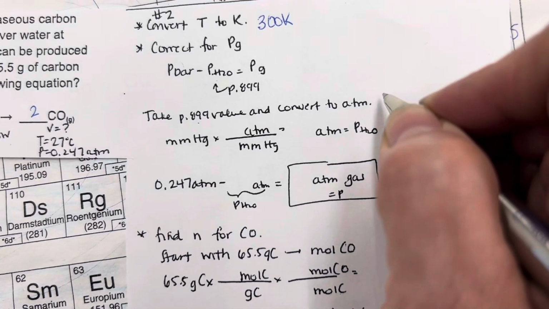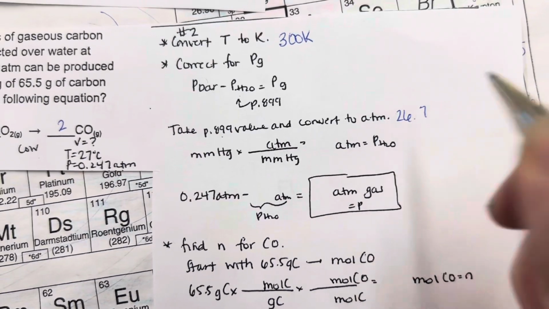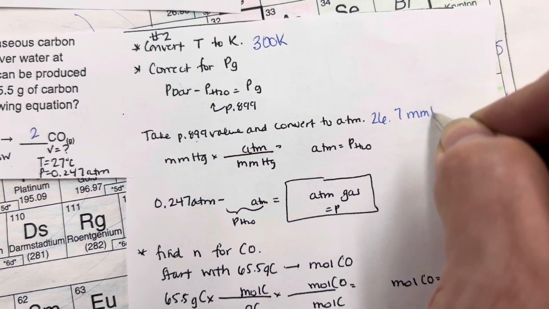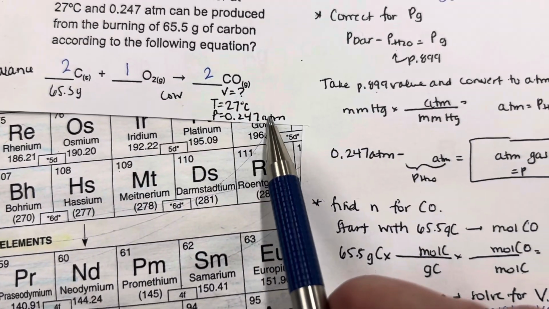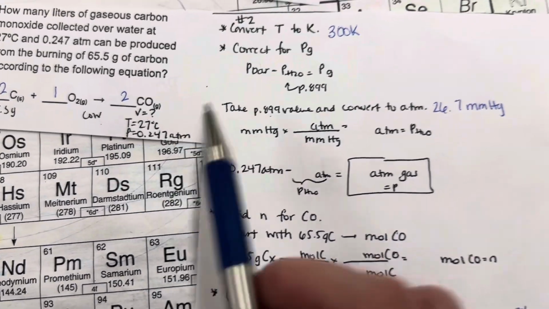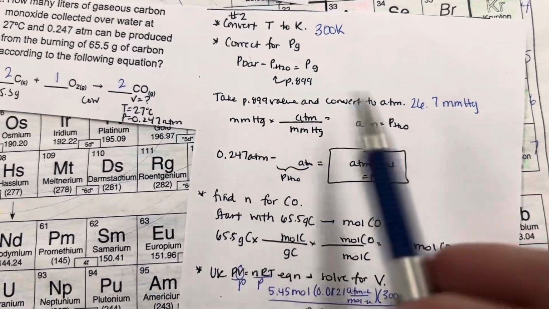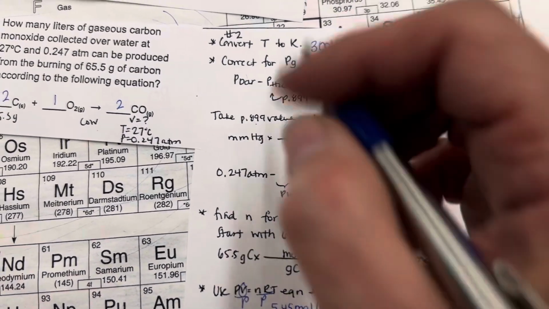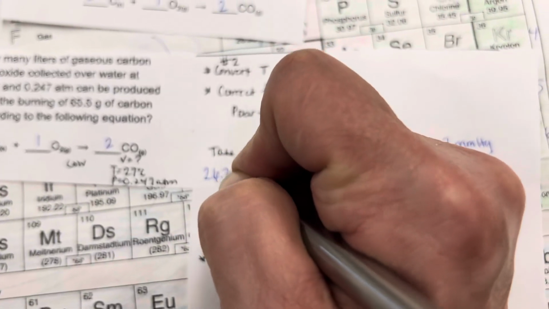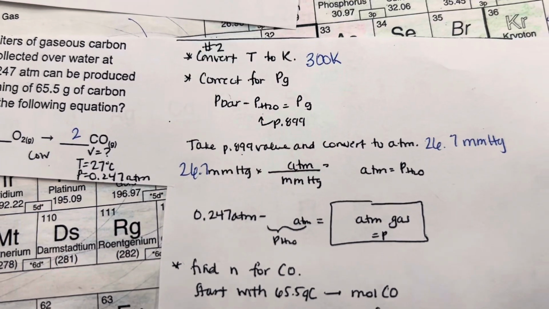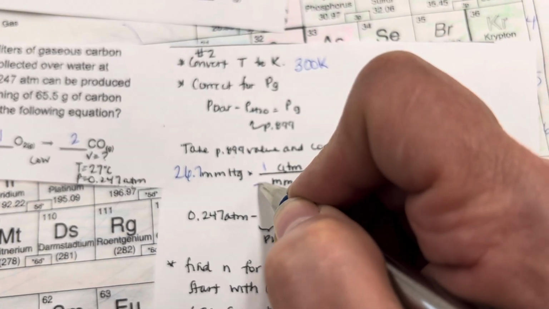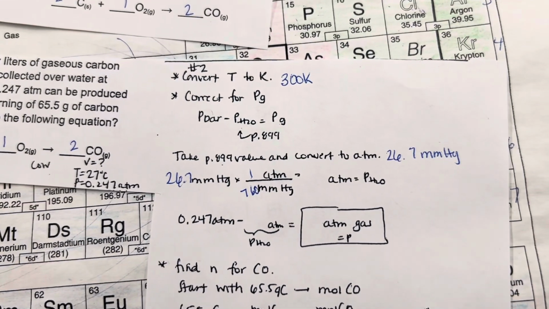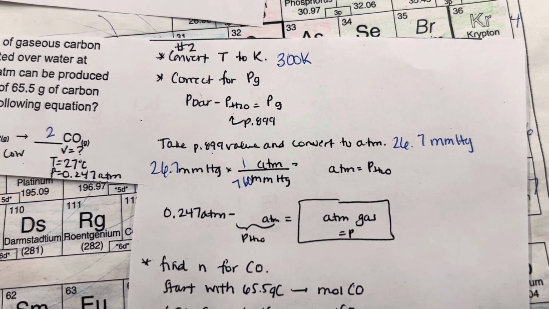So I have 26.7 millimeters of mercury, but I realize that the pressure I was given is in atm, and these pressure units don't match. So I need to convert this 26.7 millimeters of mercury to atm. I know in 1 atm, there's 760 millimeters of mercury.